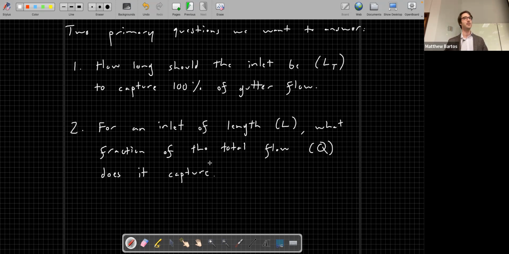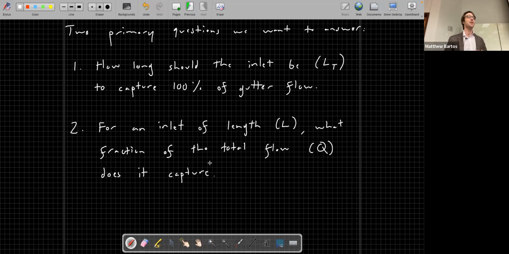With these two questions, we can essentially answer anything we want to know about on-grade inlets. And how do we find the answer to these questions? Well, essentially what stormwater engineers do is they look it up.